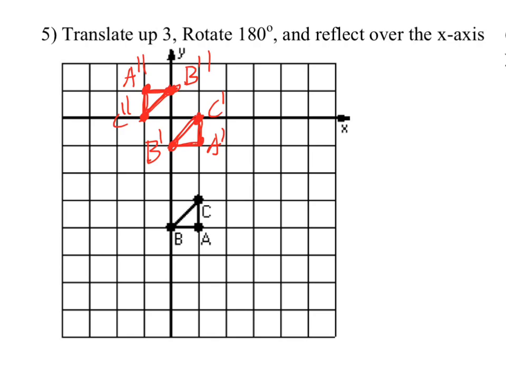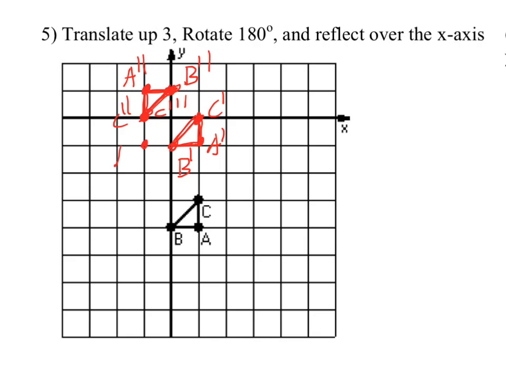And we need to reflect over the x-axis, which is this horizontal line here. And if you reflect that over, here, let me move my B prime. It's going to be right down here. Okay, and I reflect that over. C triple prime is going to be in the same spot as C double prime.